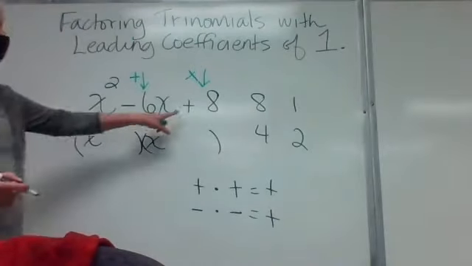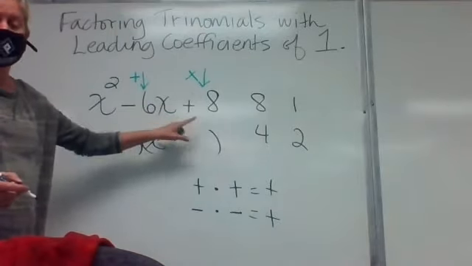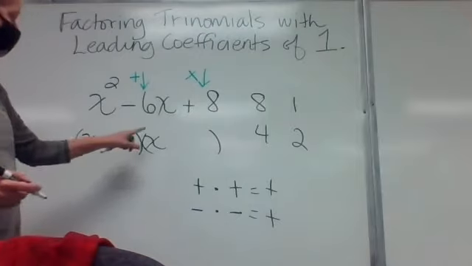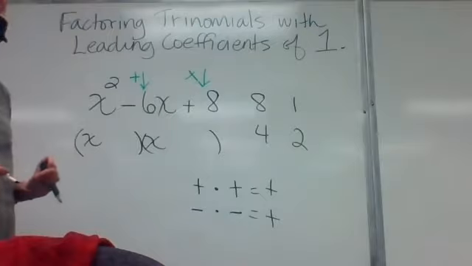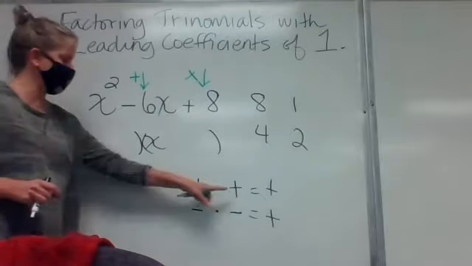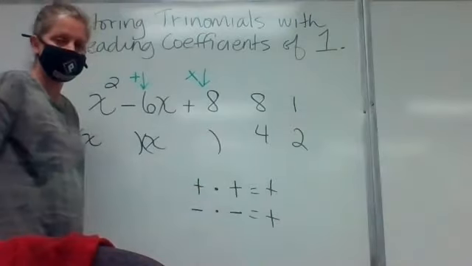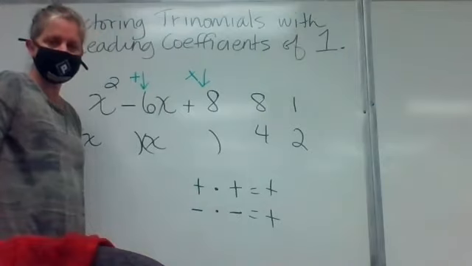So if I'm going to multiply to equal positive 8, but add those numbers together from my pair and get negative 6, what are your signs going to have to be? If you're multiplying to equal a positive, your choices are two positives or two negatives.